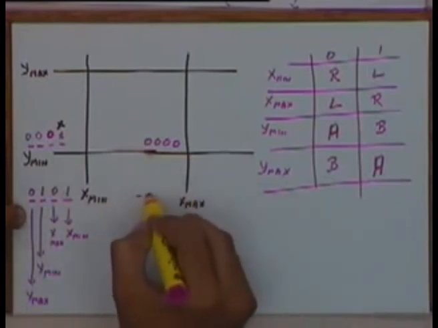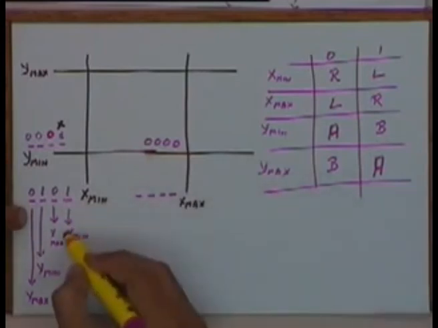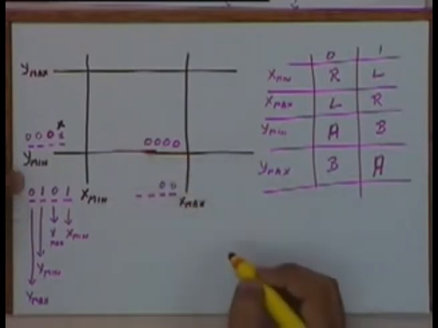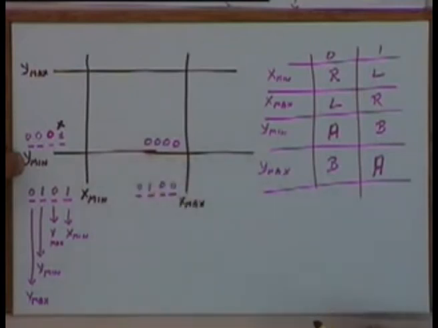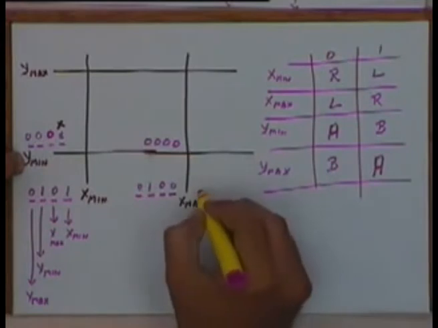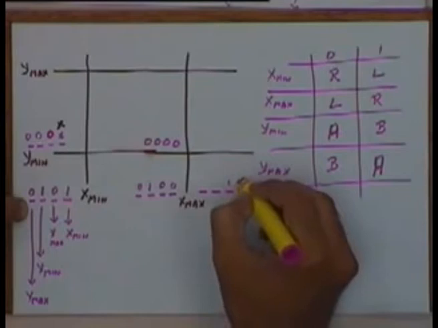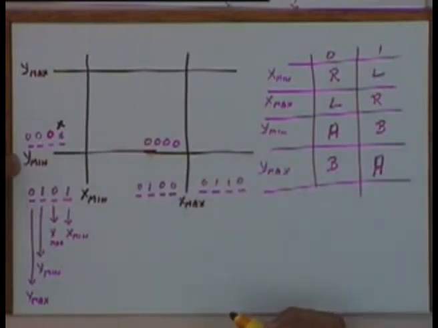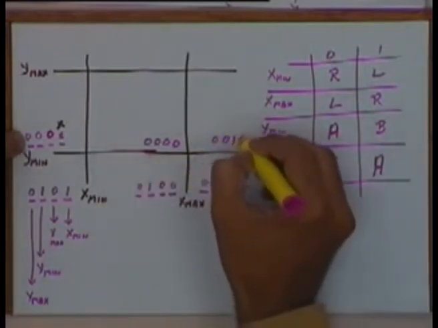If the point is in this region, what code will it get? The first bit with respect to x-min would be 0, with respect to x-max will also be 0, with respect to y-min again we are on the wrong side, so it will be 1 and this will be 0. If you are here, with respect to x-max will be 1, this will be 0 and this would be 0, 1. And this will probably be 0, 0, 1, 0.